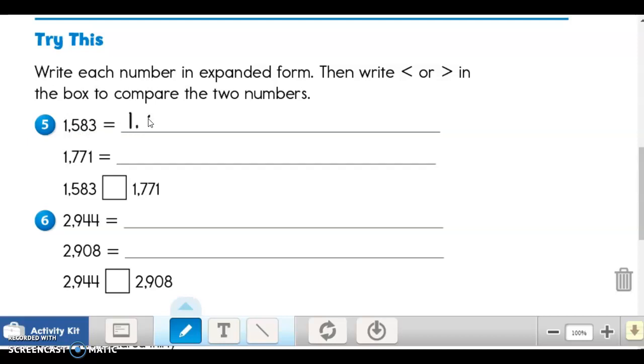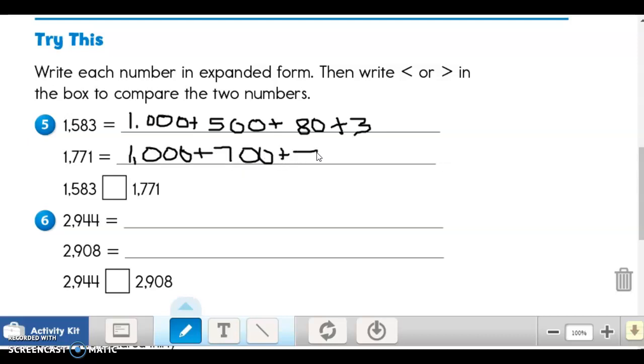So we've got 1,000 plus 500 plus 80 plus 3. 1,000 plus 700 plus 70 plus 1. The thousands are the same, both 1,000. But in the hundreds, here in this number, I have 500. In this number, I have 700. So 1,583 must be less than 1,771.